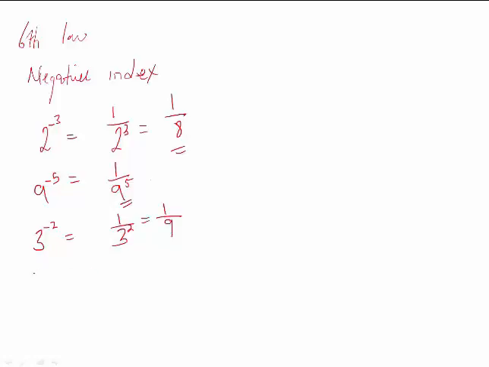Then when you have something like 5 raised to the power of minus 4, meaning 1 all over 5 raised to the power of 4, what this simply means is 1 all over, so when you multiply 5 in 4 places, that will give you 625.